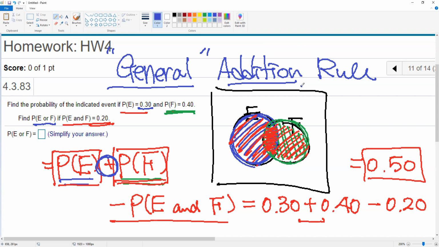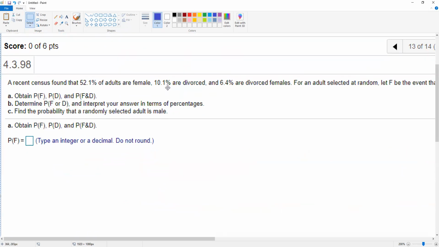One was a special case when they are mutually exclusive, two separate groups. But now it is the general one. Let me apply the general addition rule to number 13. So now let me try number 13.